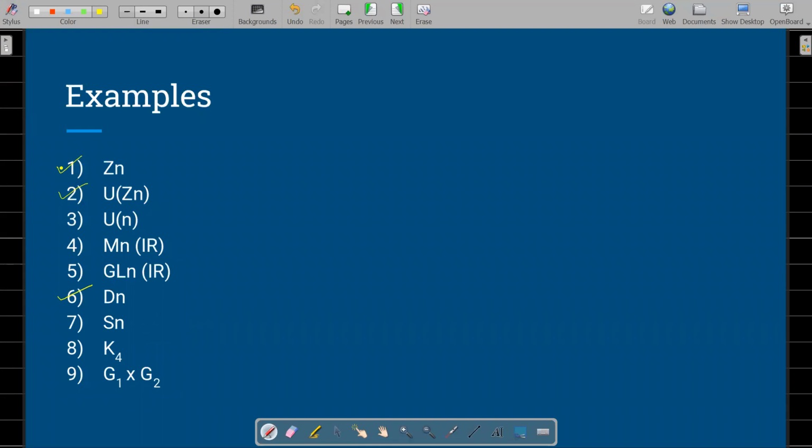As I said, we'll try to understand groups with the help of examples because it is an abstract concept. So let's start with Zn. What it is, I won't explain right now. We'll do a particular case and in general, I'll say what Zn is.